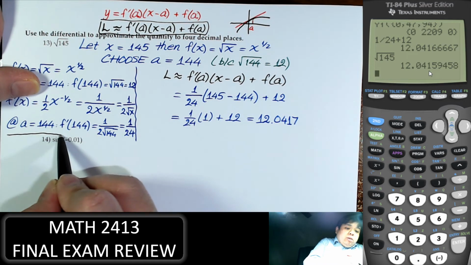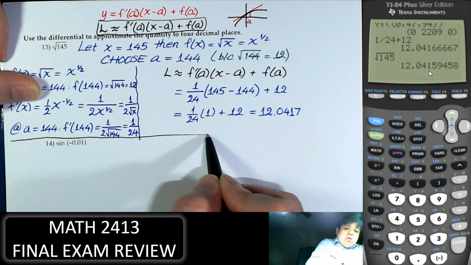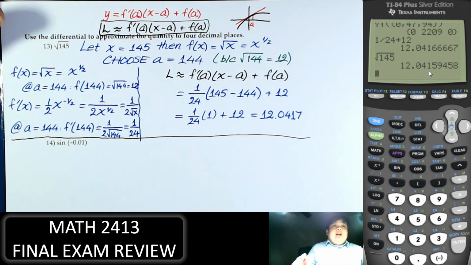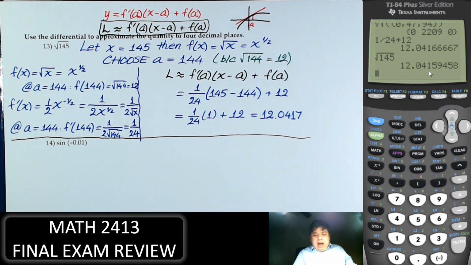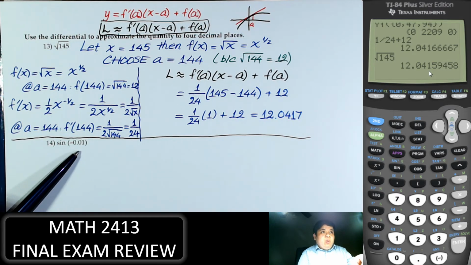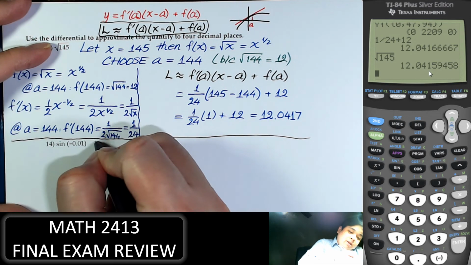It is a very good approximation because a and x are very close. The point is x is given in the prompt. We cannot choose that. We can only choose a to be close to it. Just like this. Whatever the number is going to be x.